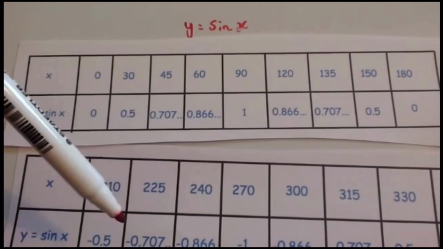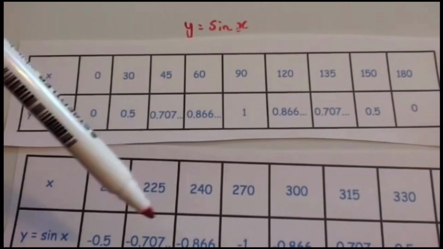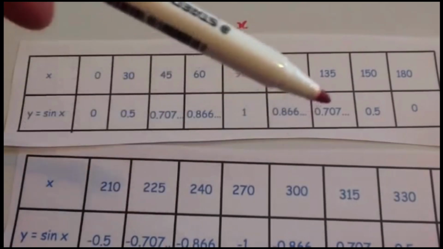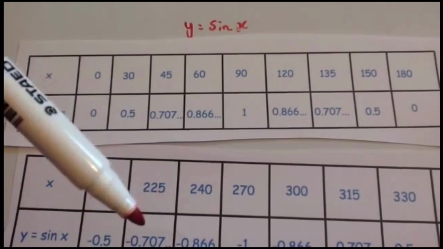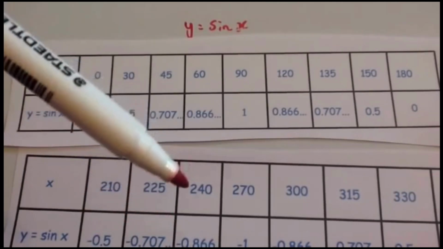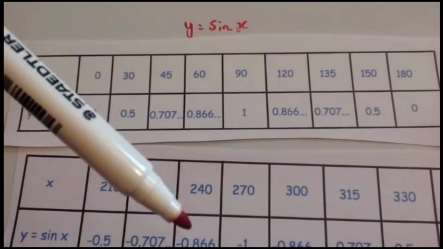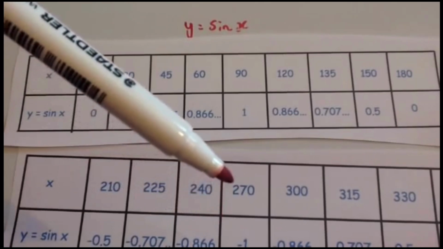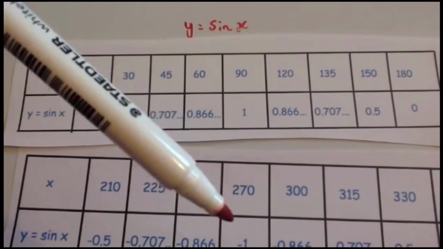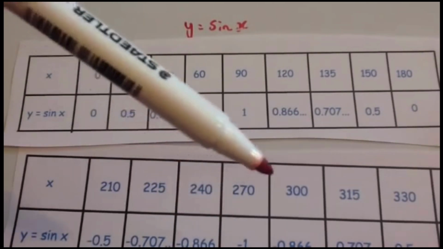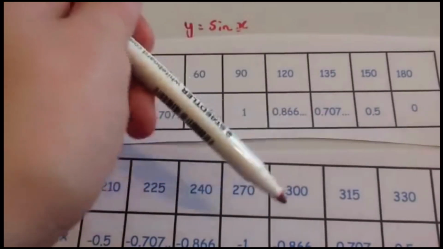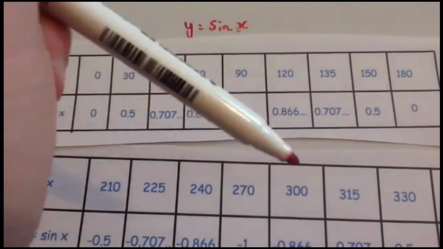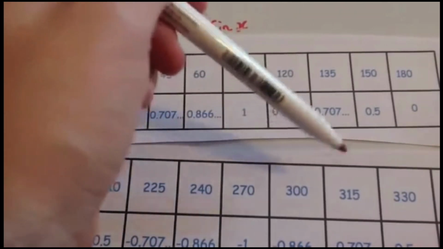Example, sine 0 is 0, sine 90 is 1, sine 180 is 0. Then you key into the calculator one by one, and you will notice that the sign changes when you go to the third quadrant. And it looks like the data repeats. That means it's actually symmetrical, right? For example, sine 300, you get negative 0.866, right?